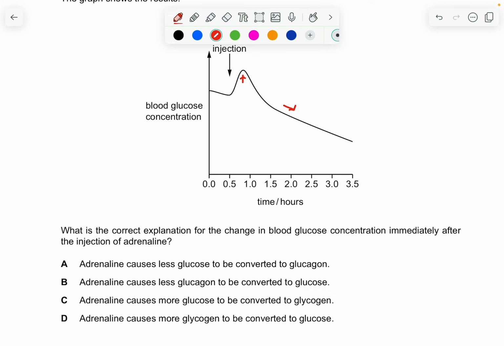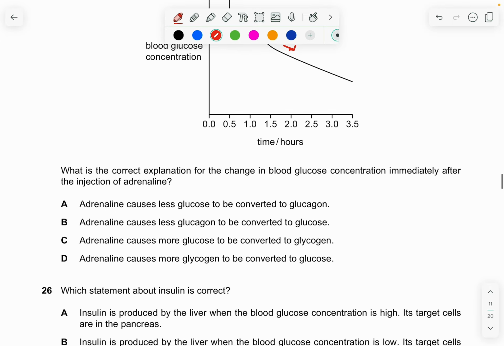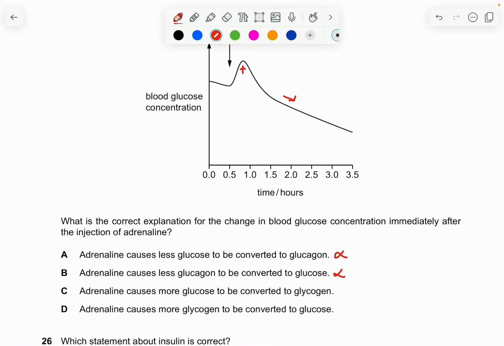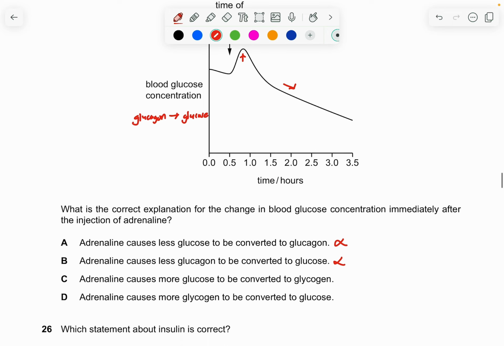Let's see each of the options. Adrenaline causes less glucose to be converted into glucagon. This is wrong. Adrenaline causes less glucagon to be converted to glucose. This is also wrong, because you want to see how blood glucose suddenly spikes. It's all because of glucagon becoming glucose. So you have to find the sentence which has glucagon becoming glucose.